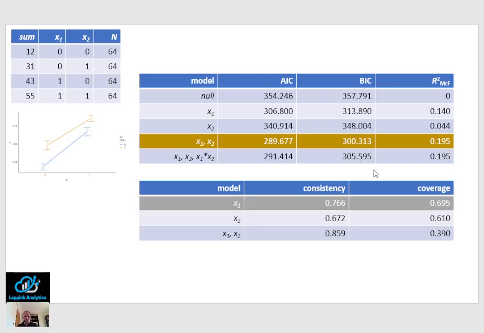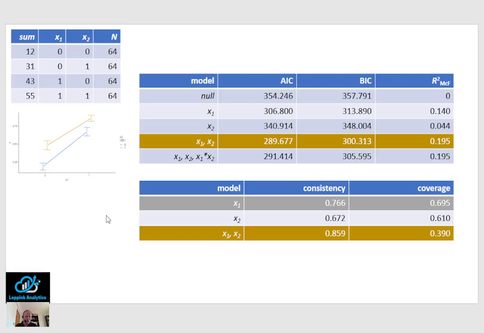Purely in terms of coverage, you might say that x1 is the better model because more cases are covered by x1. However, the consistency is also somewhat lower, and you cannot really say there is a consistency value which is always good. Starting at this point, it's always great, and lower than that, it's always bad.